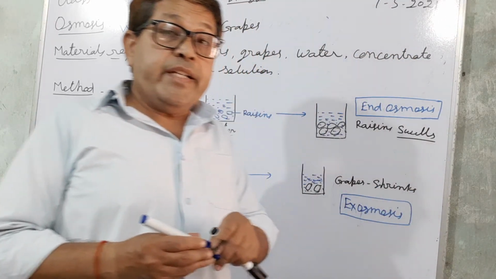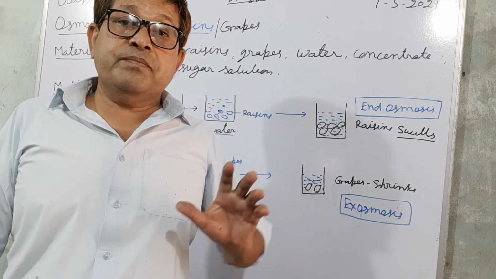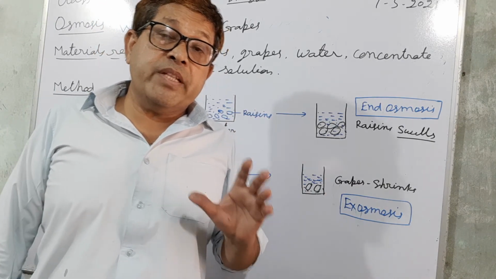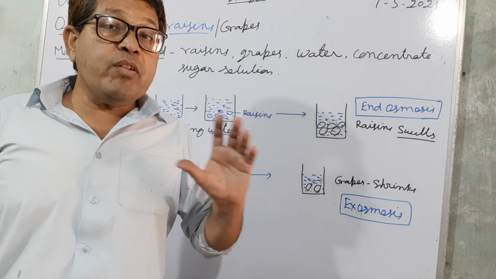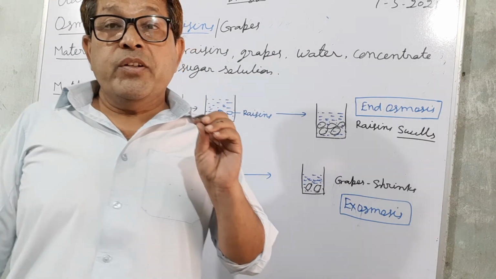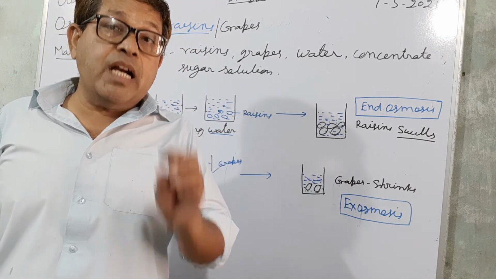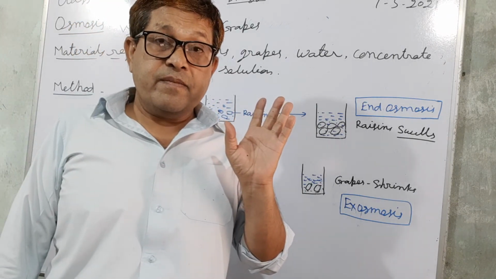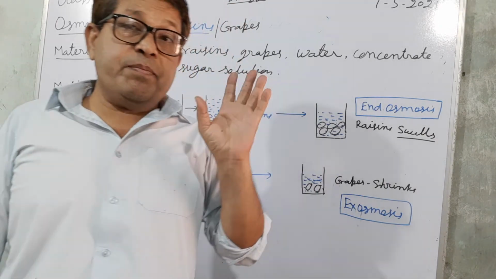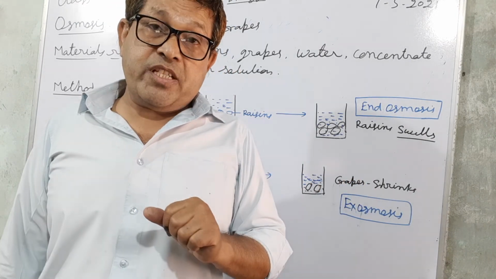So you have studied osmosis: the movement of water molecules from the region of higher water concentration to the region of lower water concentration via a selectively permeable membrane is called osmosis. Osmosis is of two types: endosmosis and exosmosis.